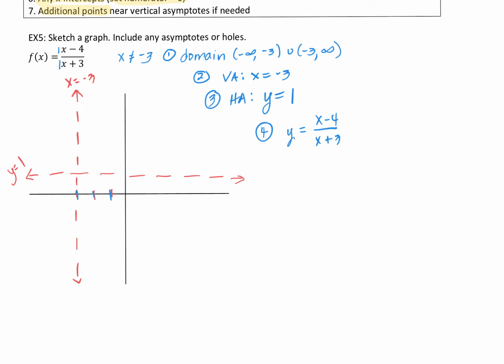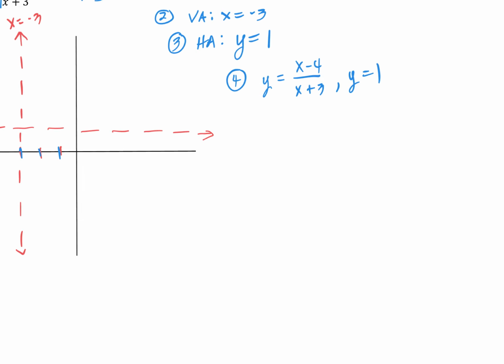Okay, so I have this function, but I also have my horizontal asymptote, which would be y equal to 1. If my function is going to touch or cross the horizontal asymptote, that is where these two y values are the same. So all I have to do to figure that out is set them equal to each other.